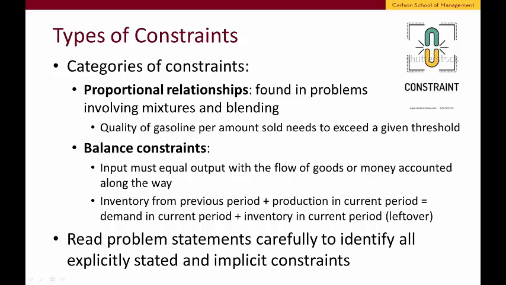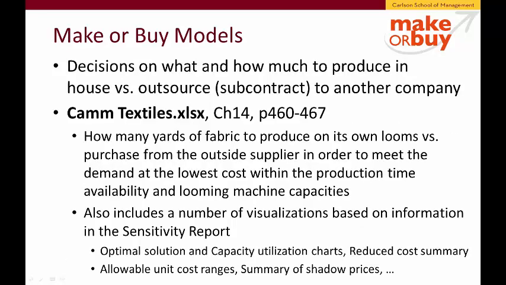The last set of constraints are the so-called balance constraints, where, in general, an inflow of some quantity of interest at a given point in time must equal the outflow, moving towards the next time period. Inventory and cash balancing constraints are the 2 main examples we will demonstrate in this series of videos. Finally, there are constraints, either implied or hidden, that are not explicitly stated in the problem statement, so we need to be careful not to miss them.